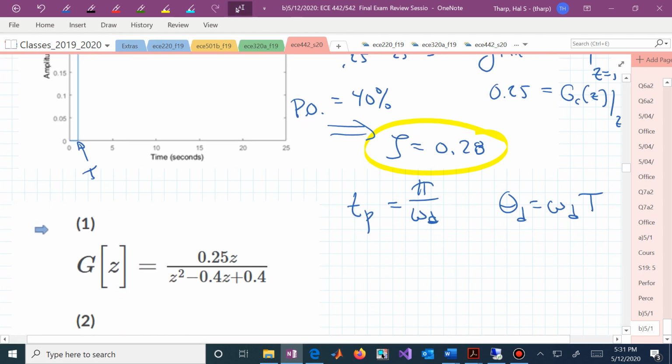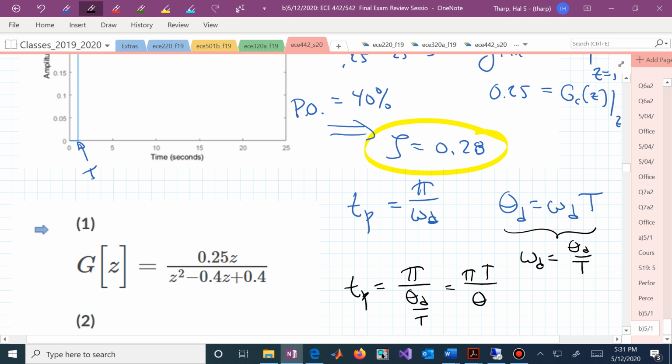So here we have a time to peak and a theta sub d expression. Let's now solve this for omega sub d, or we could solve it for time to peak, whichever way we want to do it. So time to peak is now pi over theta sub d over T, so this is pi T over theta sub d.